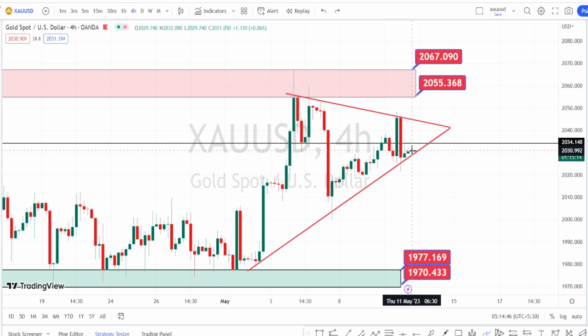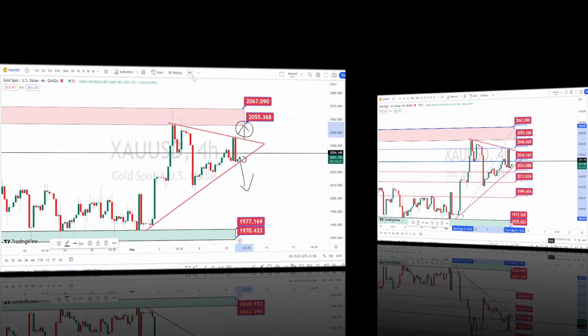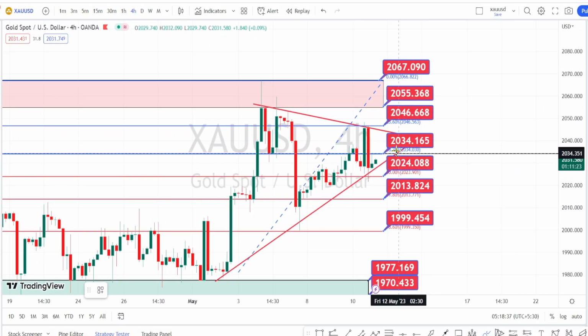So in the higher time frame we have to wait for the price action to give a breakout on the bearish side or on the bullish side in order to take a directional trade in 4 hours or in the daily time frame.